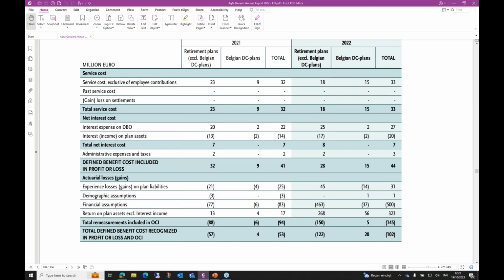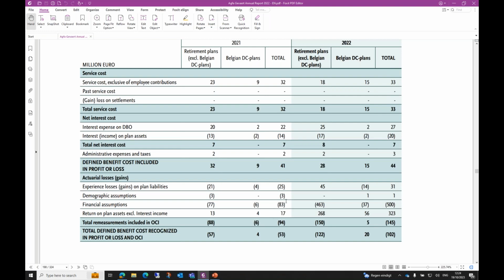And financial assumptions can be changes, very often, in 2023. So pretty sure this will be the case. This will be based on the discount rate, and to a lesser extent maybe the expected salary increases because of higher inflation.